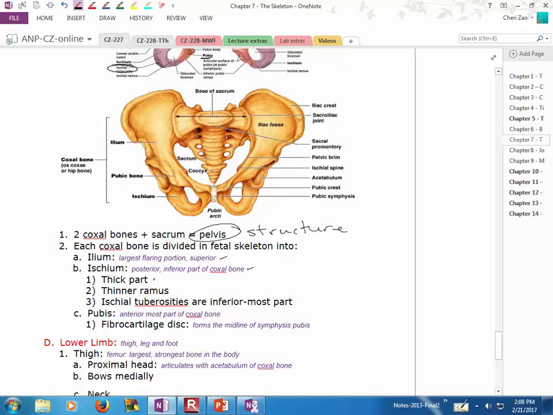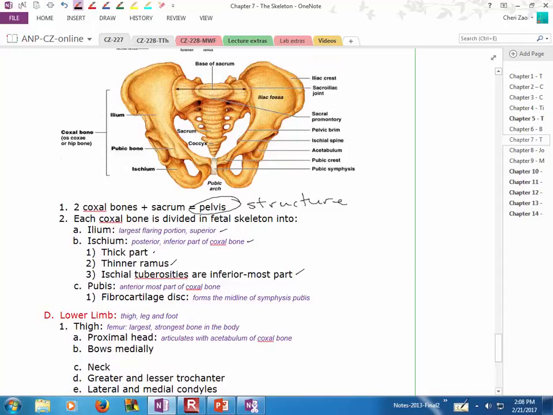It's bearing a lot of weight. It has a thin ramus because a ramus is a bridge or connection to another bone, and has the ischial tuberosities that I like to point out for people. The pubis is the anterior-most portion of the coxal bone, and in between the pubis on either side we have that fibrocartilage disc that is part of the symphysis pubis.